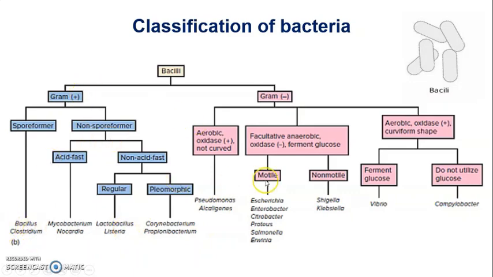So based on this figure here, you can spot the characteristics of each bacteria. Like Bacillus, it is a spore former, it has spores. That's why endospore staining can be used to visualize the spore. It is gram-positive and it is a rod-shaped bacteria. So that's just one of the examples.